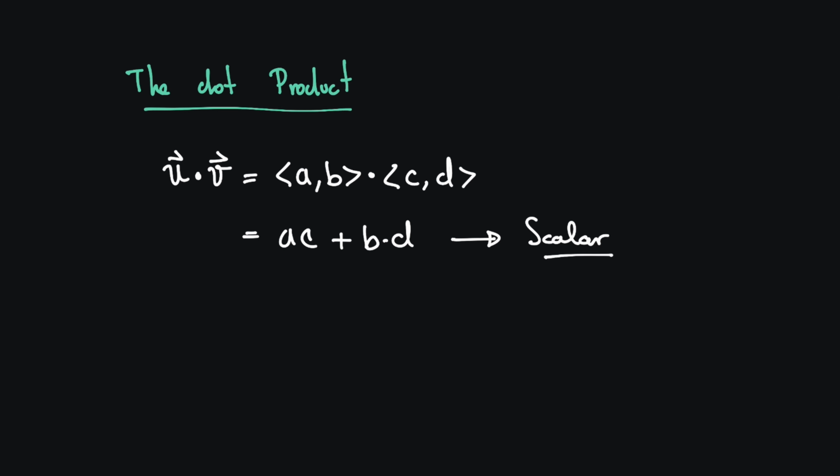Let's do an example. Let's suppose that we have vector u equal to 3 and -2, and we have vector v equal to 4 and 5.